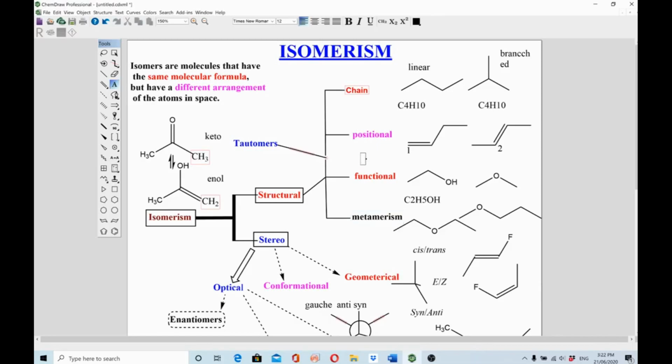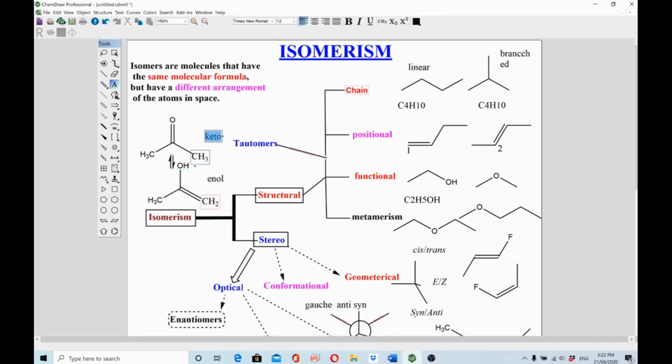The fifth type of structural isomerism is tautomerism, and the compounds that exist in tautomerism are called tautomers. The most commonly studied form is keto-enol tautomerism. Keto because of the presence of a ketone functional group, and enol because of the presence of ene and ol. Ene means double bond, ol means alcohol. These are also a type of structural isomerism. They differ just by changing the position of a proton.